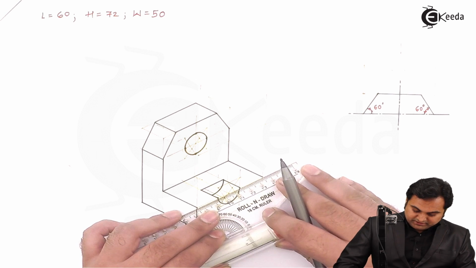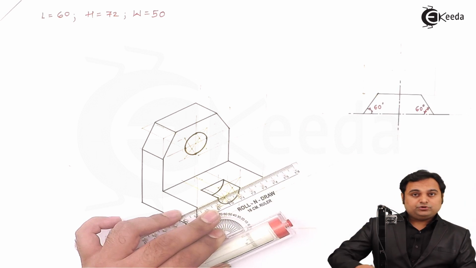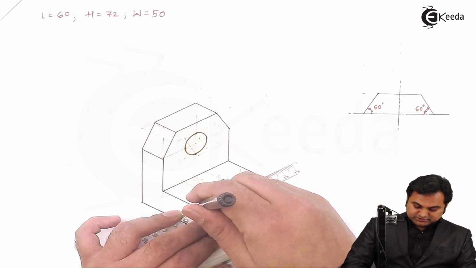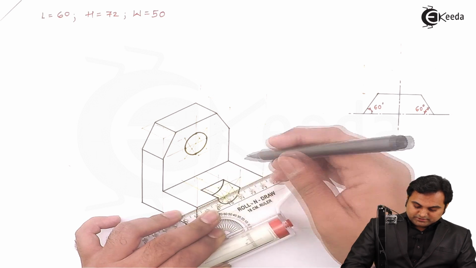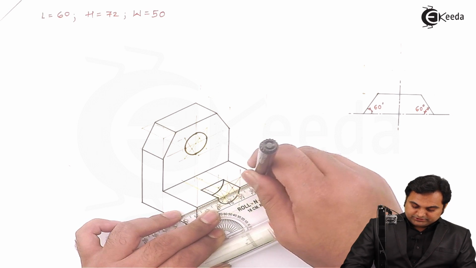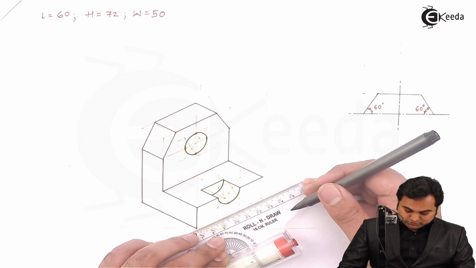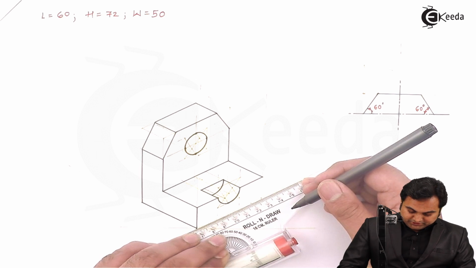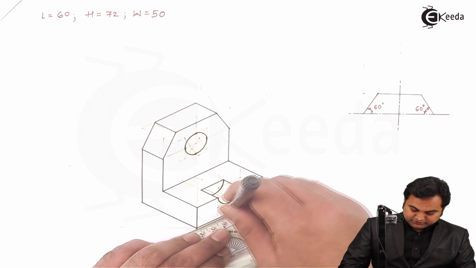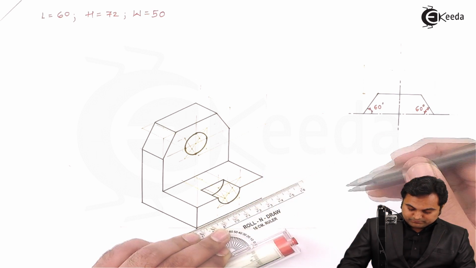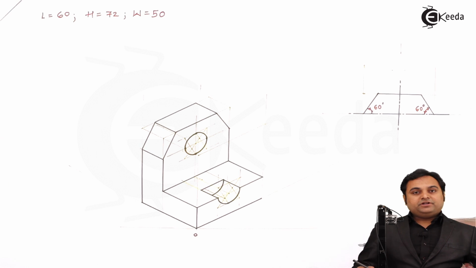So these lines are connected as I am showing here. This is a continuous line and these are continuous 3D surfaces, because we are drawing isometric projections or isometric views.